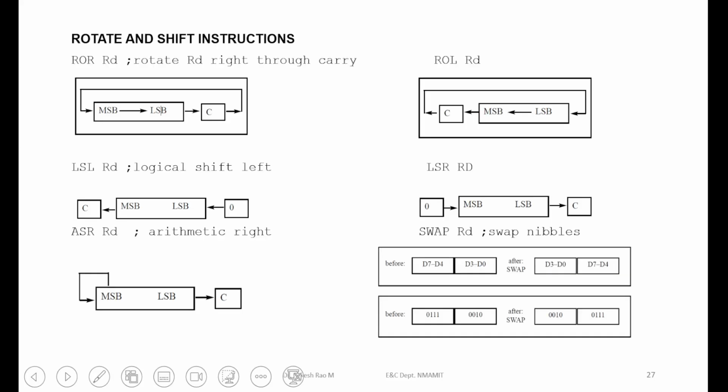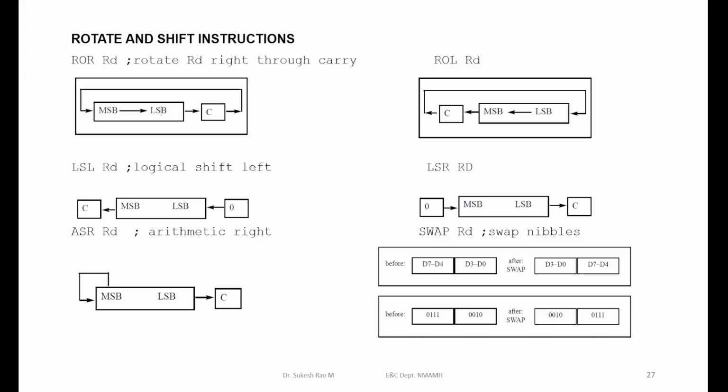Apart from that, you have some rotate instructions, quite easy to understand. Rotate Rd, so you can rotate by one single bit left or right. There are different ways of rotation. And shift instructions. This is rotate right through carry. Any such rotation goes through carry, because the carry content will be moved back to the MSB. That's what rotate through carry means. And rotate left is again through carry.